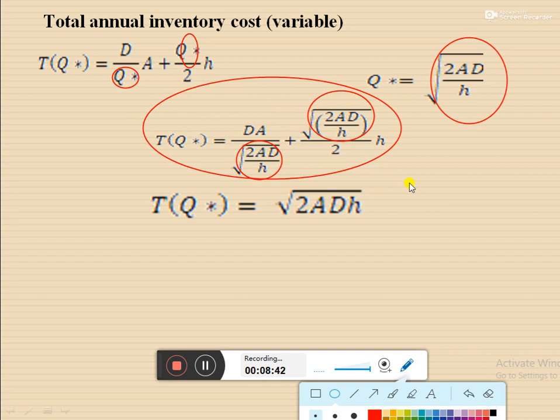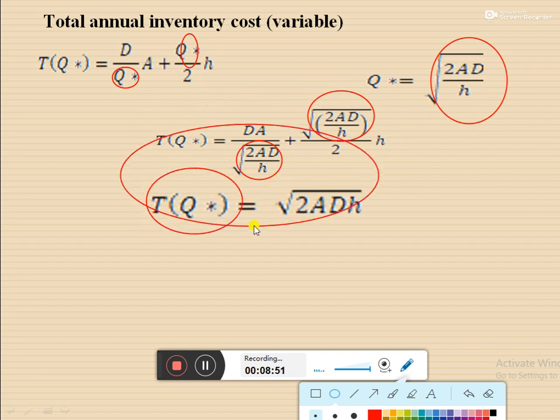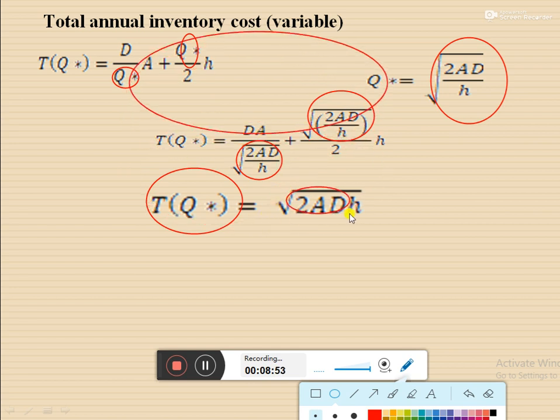After simplification, we get that total annual inventory cost can be calculated by using this expression, which is simpler than the previous one. So total annual inventory cost can be calculated by using the expression square root of 2ADH.